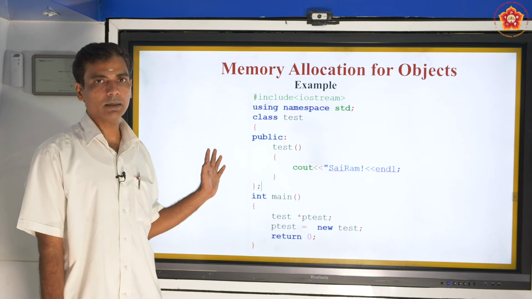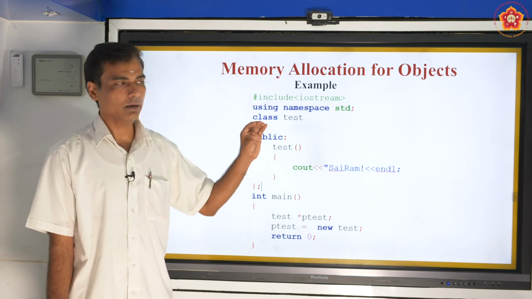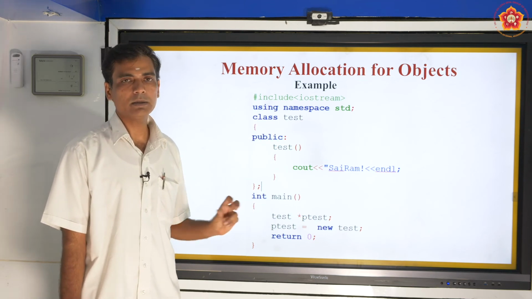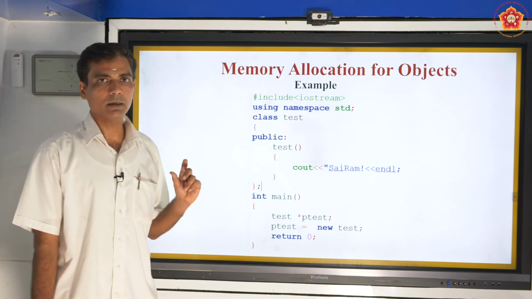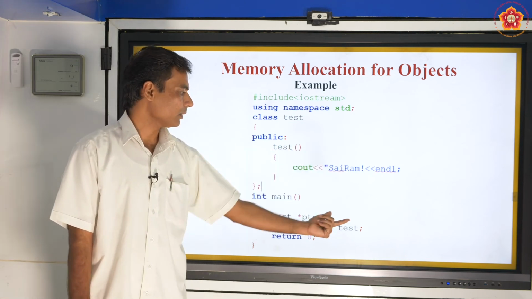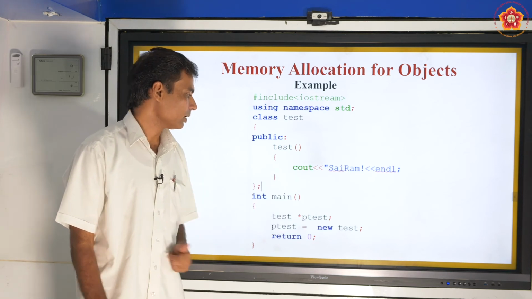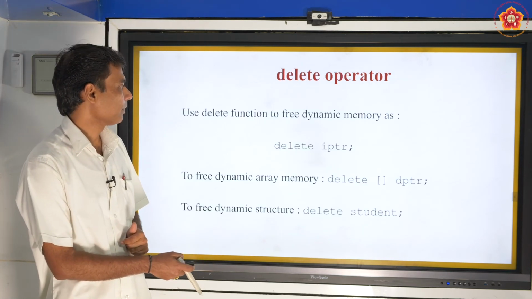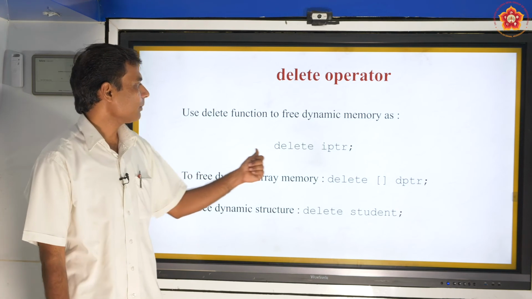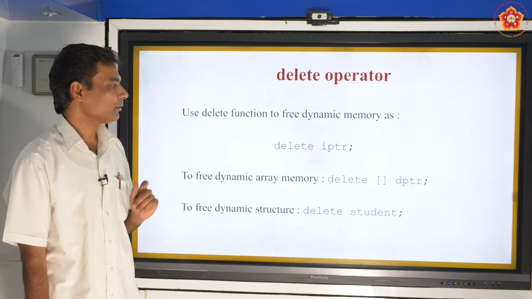The way we have created the integer memory, or reserved the memory for the integer value in the previous slide, here we are creating the memory for the object itself. So the address of that object will be written to this class pointer. With the help of delete, if you delete iptr, it will free the memory.